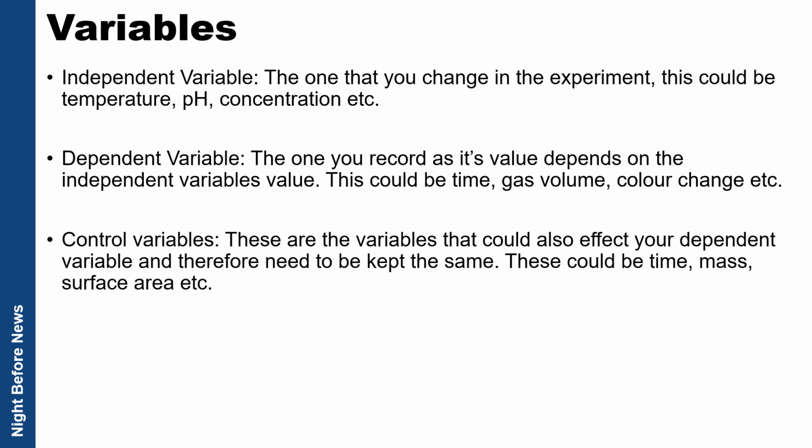And then the control variables are any other variable that could affect your dependent variable but that you are not investigating. So if you decide to investigate how the change in temperature affects the rate of a reaction, then you need to keep the volumes and concentrations of your reactants the same, or the masses the same. So we only allow one variable to change in our experiment.